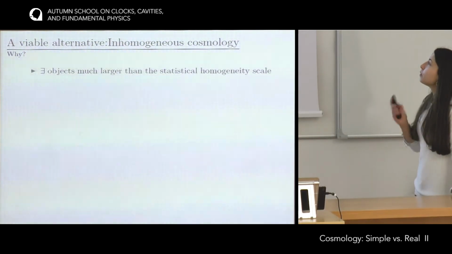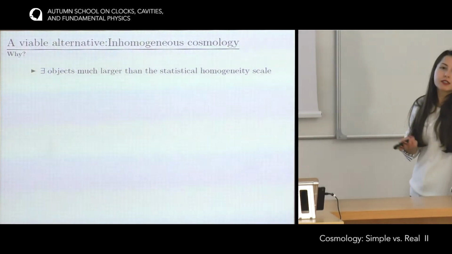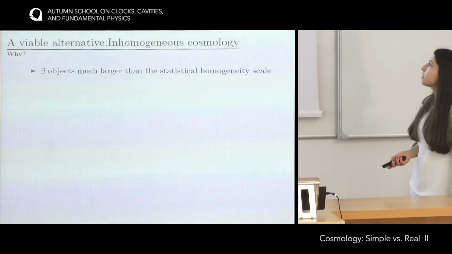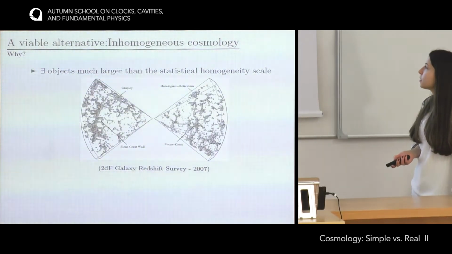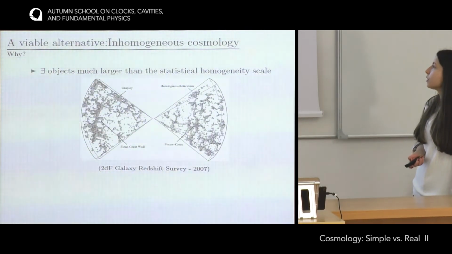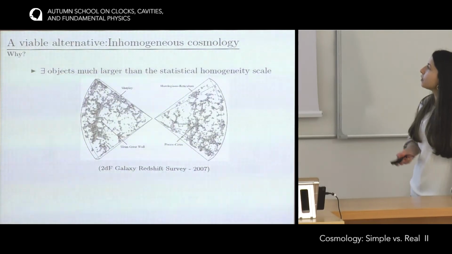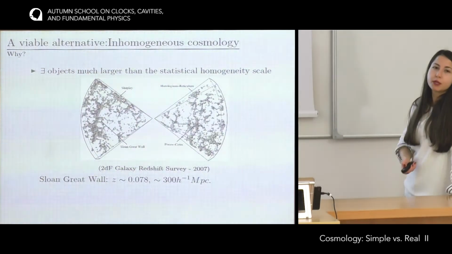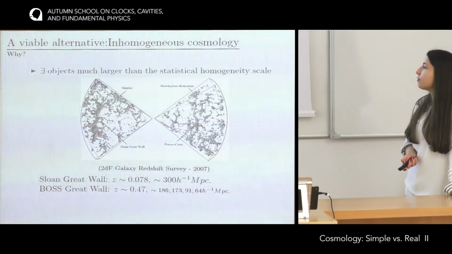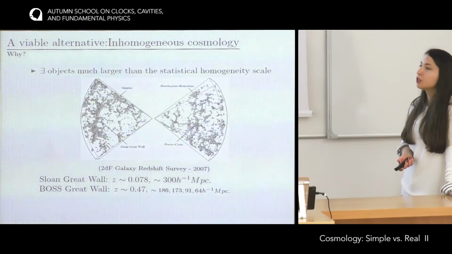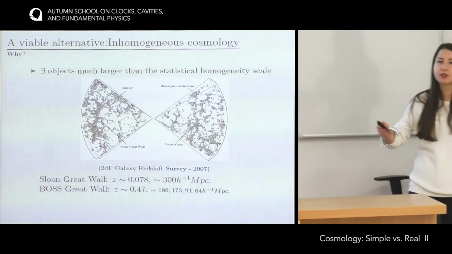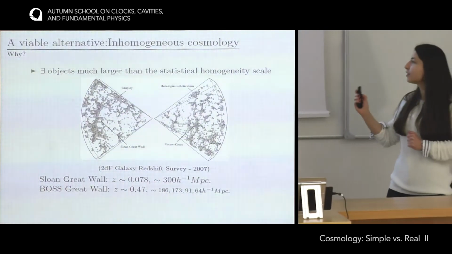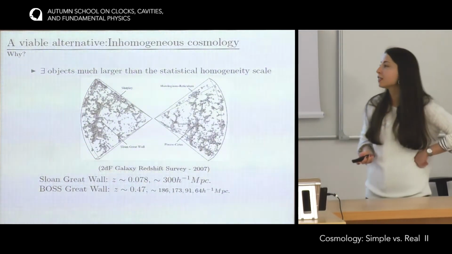So I was saying that there are objects larger than the statistical homogeneity scale, which is roughly 100 megaparsecs. For example, this is from the 2-degree field galaxy redshift survey, and you see the Sloan Great Wall is around 100/h megaparsecs, and then we have the BOSS Great Wall, which has 4 structures, not small really: 186, 173, 91, and 64/h megaparsecs.